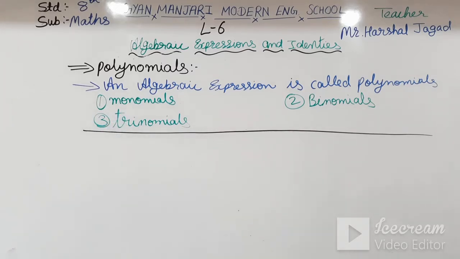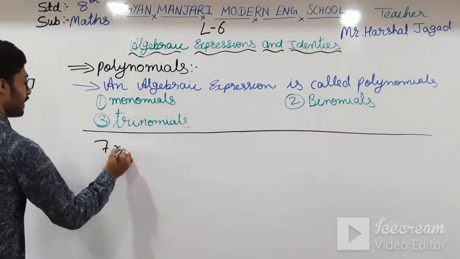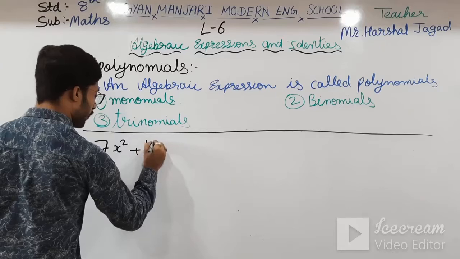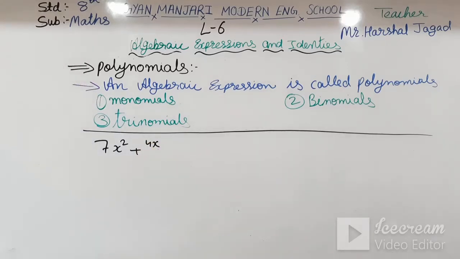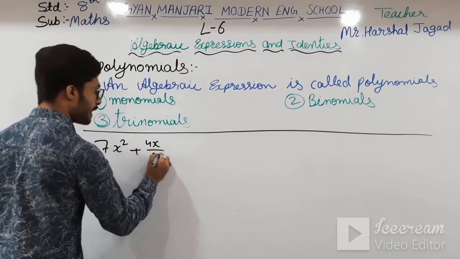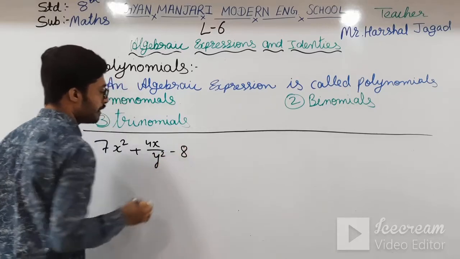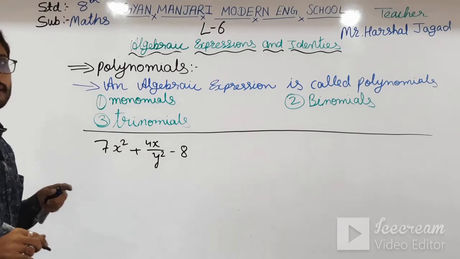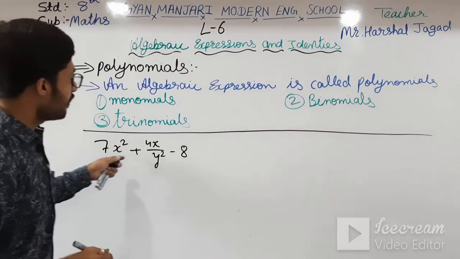See here in your textbook there are examples. If we take 7x square plus 4x by y square minus 8, then it is a polynomial. Okay students, it is a polynomial.